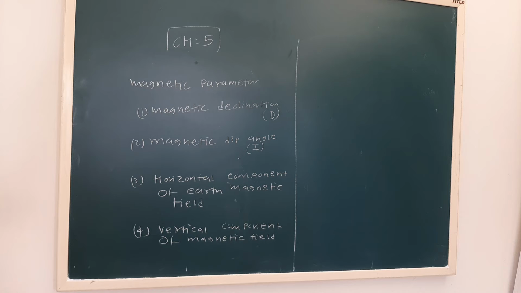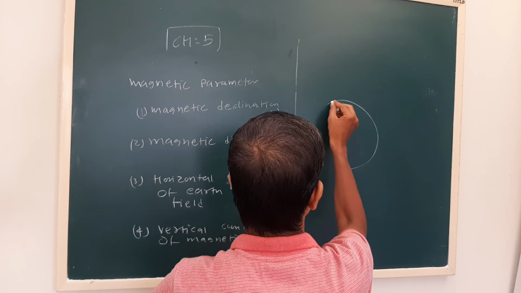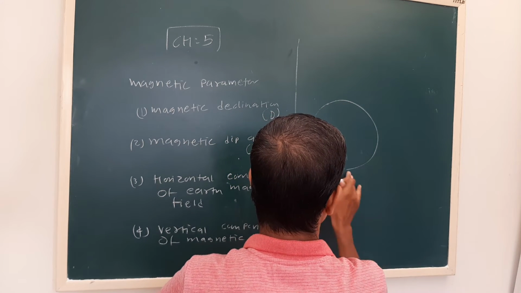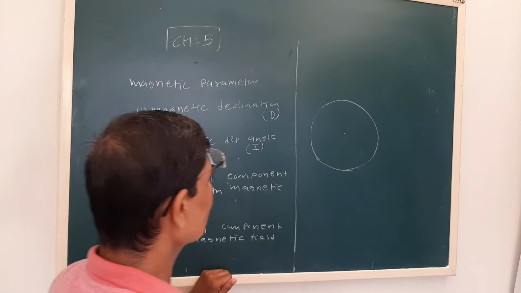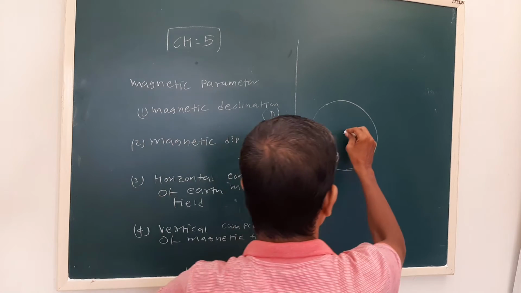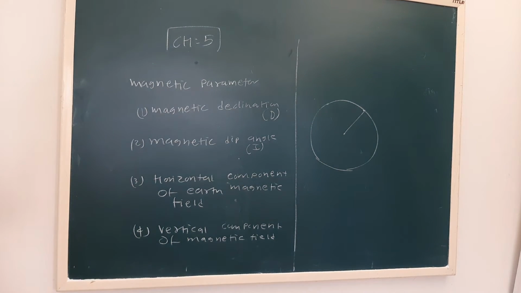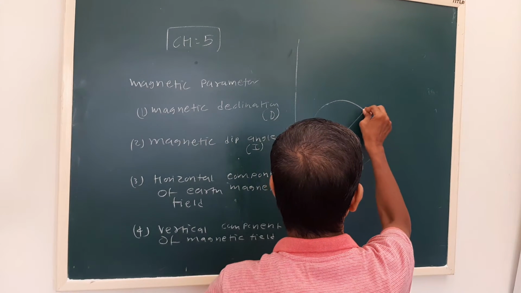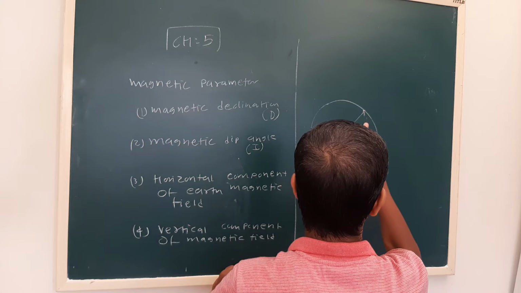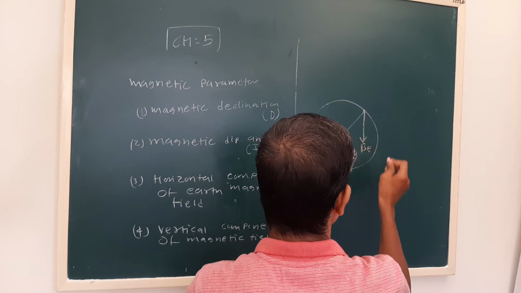See, the magnetic declination is sometimes denoted as D. Now see, Earth is a sphere. As we talked, at any point the tangent drawn is in the direction of the magnetic field. Now let us say the tangent drawn at any point on the surface of the Earth. Now see here, the magnetic field of the Earth, B for magnetic field and E for the Earth.